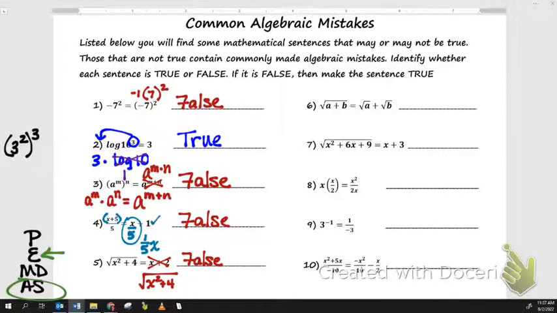Number 6 is false, for the same reason that number 5 is false. Yes, sir? Could you put plus or minus on number 5? No, I see where you're going with that, and we will look at certain situations where we could have a plus or minus on the other side of this page when we were doing squaring binomials.